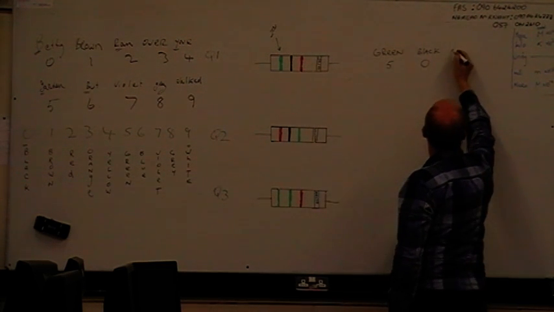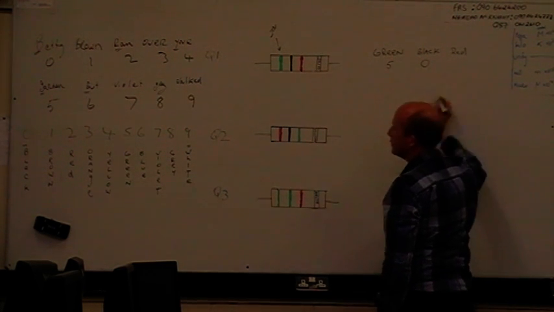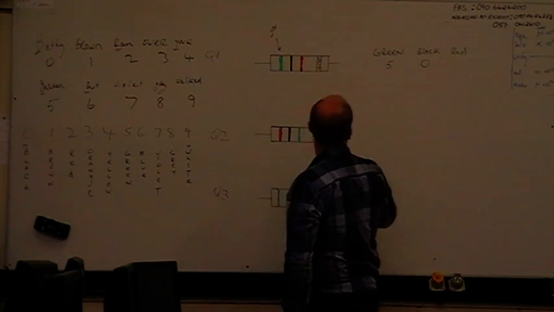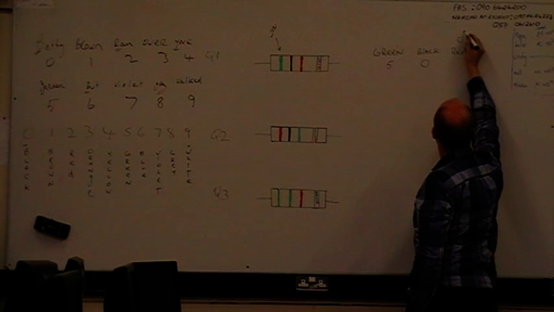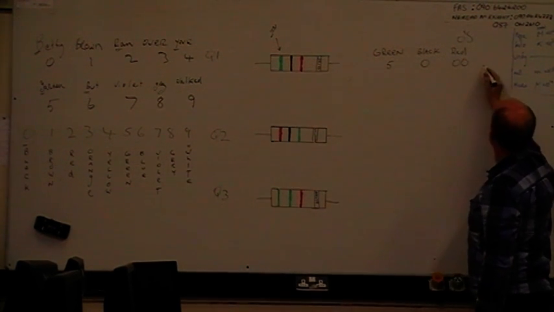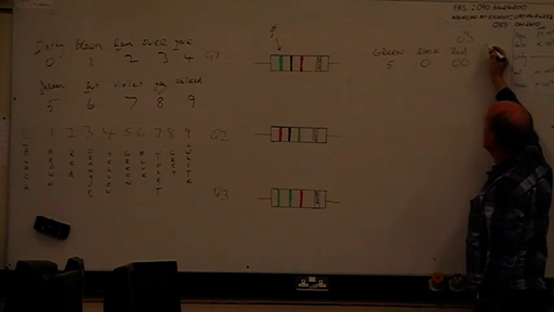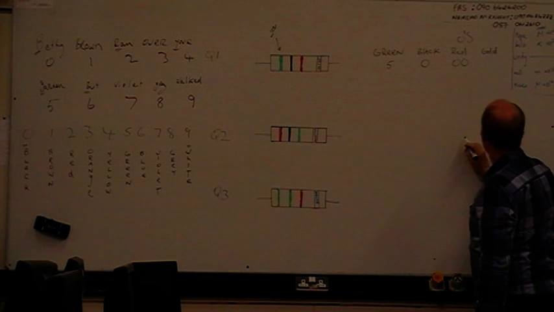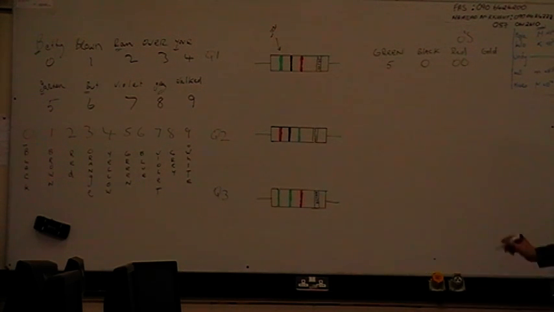And we have red, which from our chart represents 2. So this is the zeros, so we'll have 2 zeros. And then our tolerance band is gold, which is 5%.